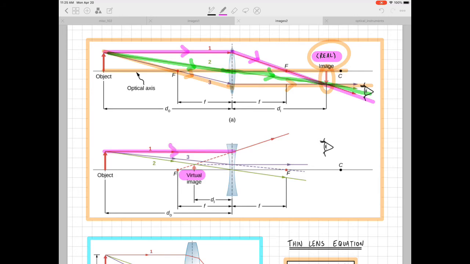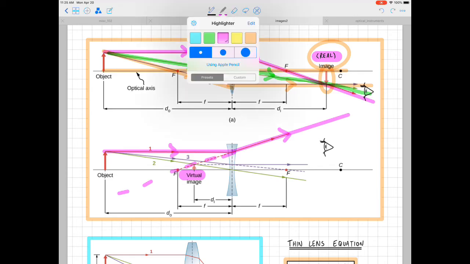And now this is a diverging lens, so rather than converging or bending towards the optical axis, this ray bends away. And how much does it bend away? Well, it depends on where the focal point is, because you're going to trace this ray back. So we know that the image forms somewhere along this line. We don't know where until we draw another ray.